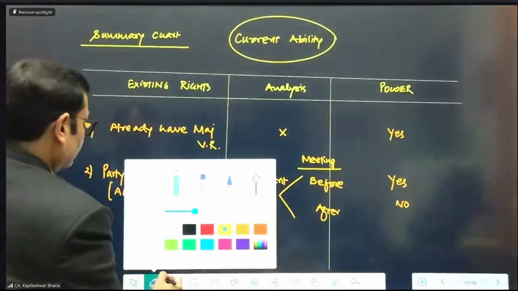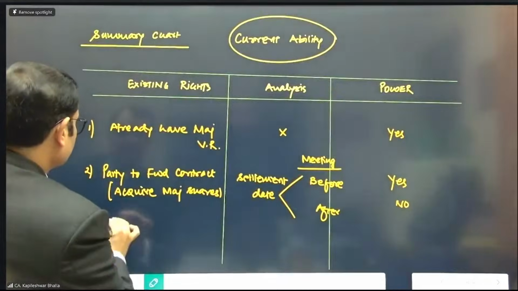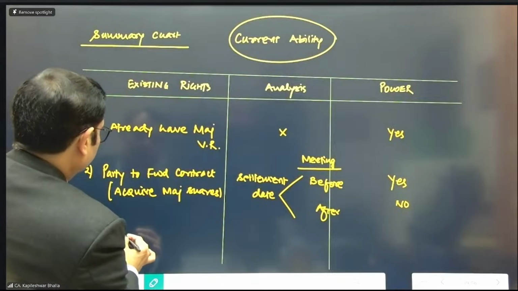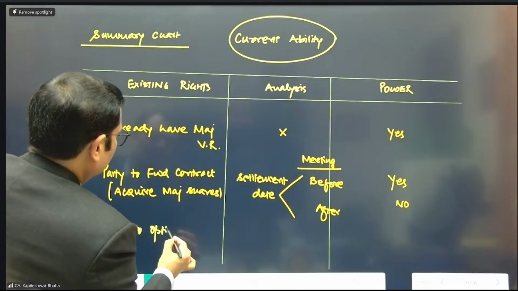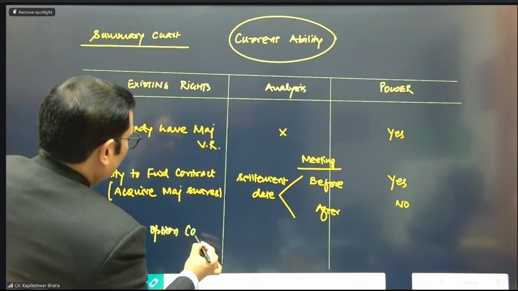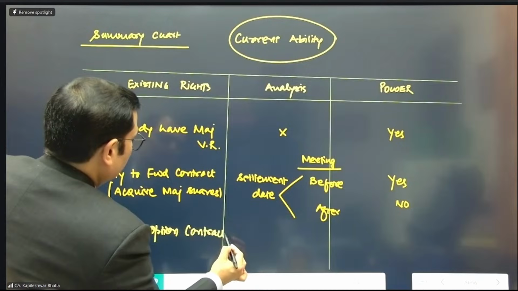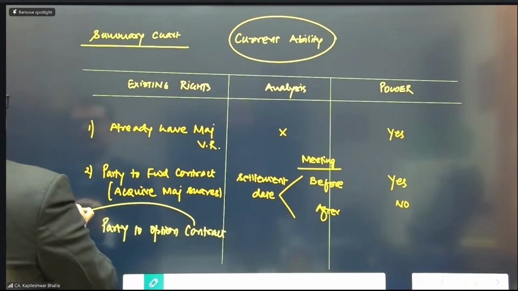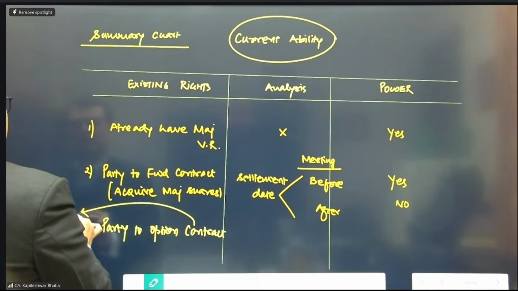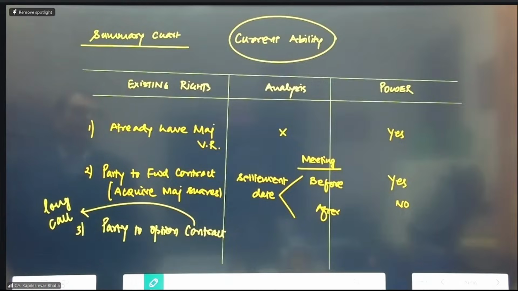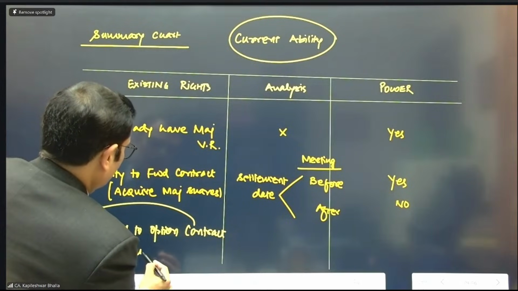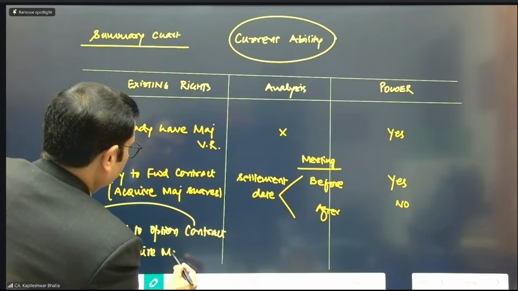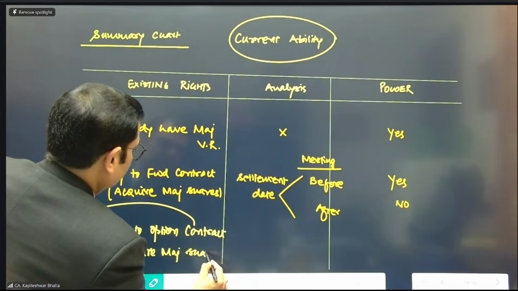Next, let's look at the third one. We are a party to an option contract, which is more like a long call. When you say you're a party to the option contract, it basically means you've got a long position. So it's a long call to acquire majority shares.